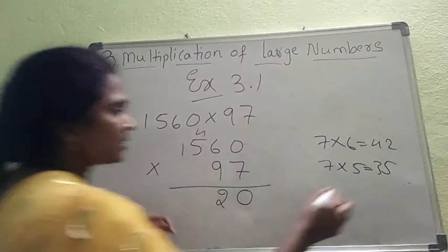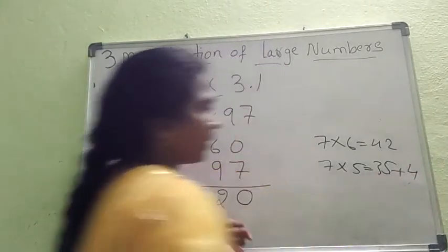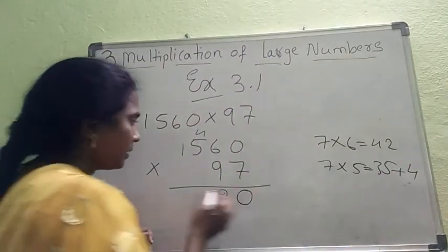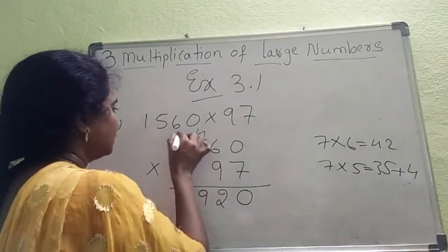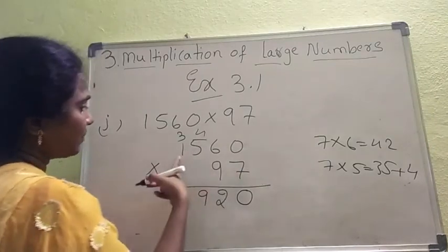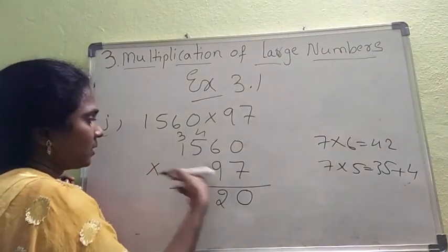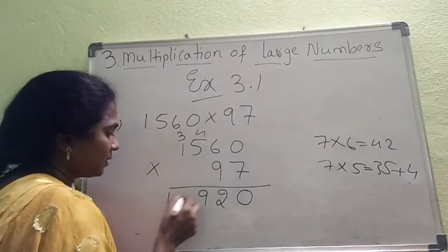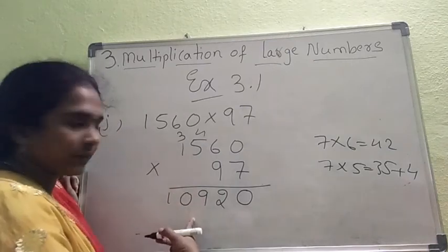How much carry is there here? 4. 35 plus 4, 39. That means 9 here, 3 as a carry forward. Next, what is the value left? 7 ones are 7, 7 plus 3, 10. This is the first step.